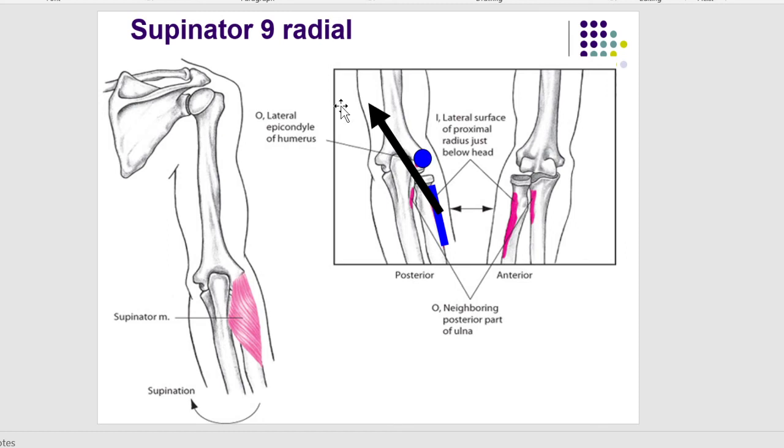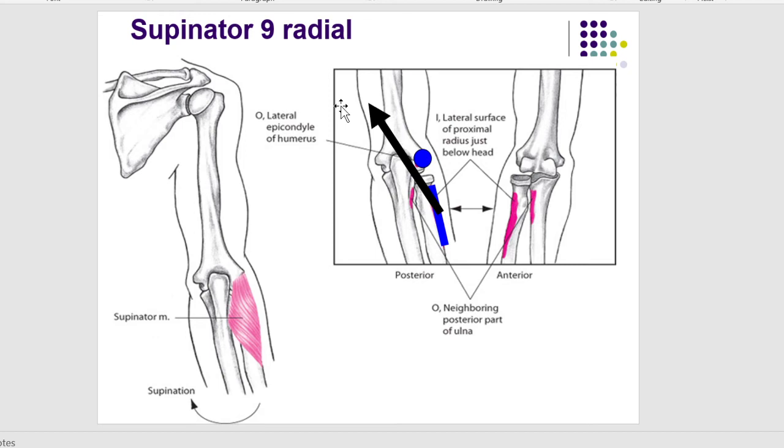Then you have your supinator. The supinator muscle is responsible for supinating the forearm. The primary supinator of the forearm is your supinator muscle, but your biceps could also supinate the forearm.